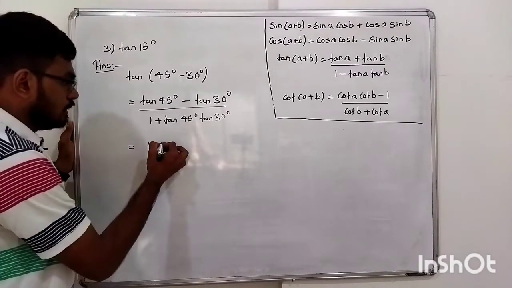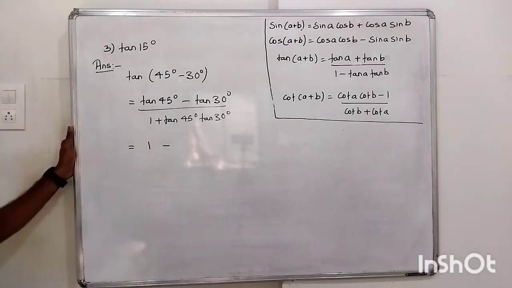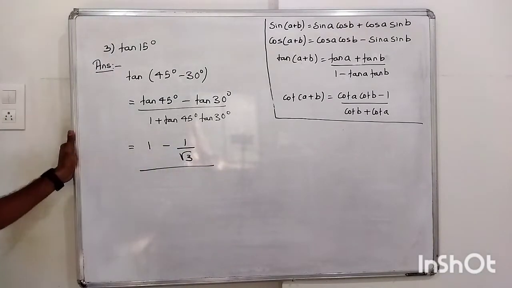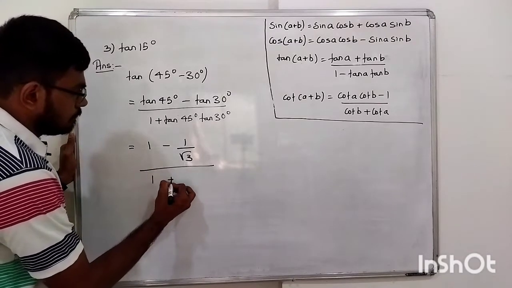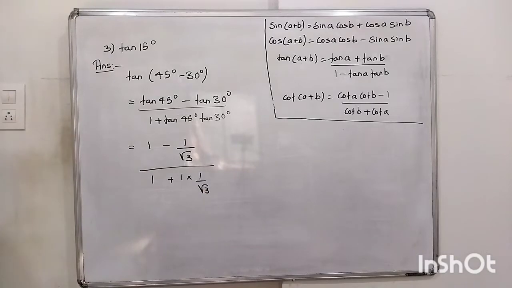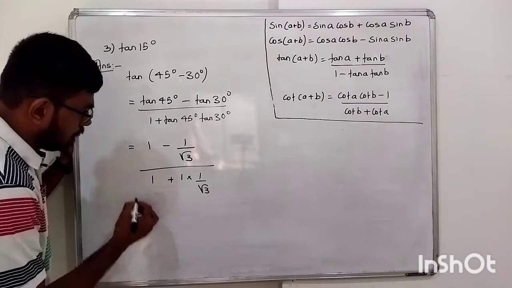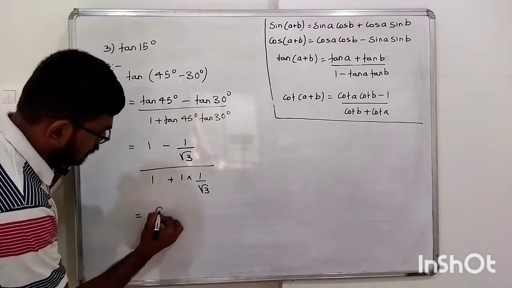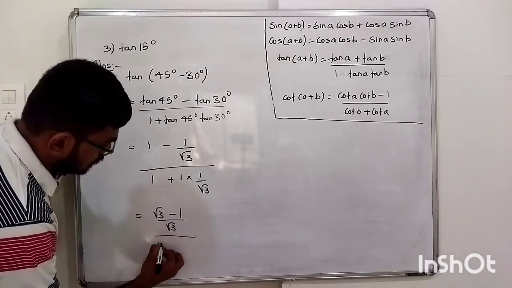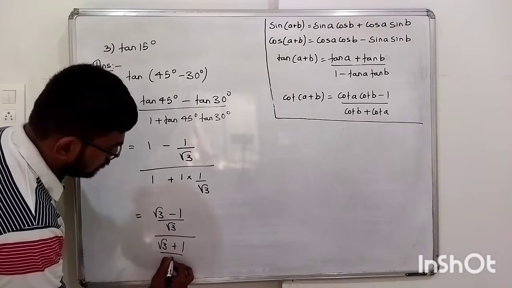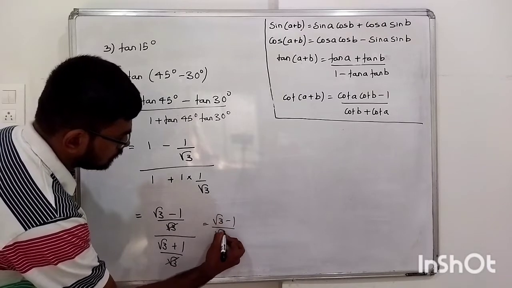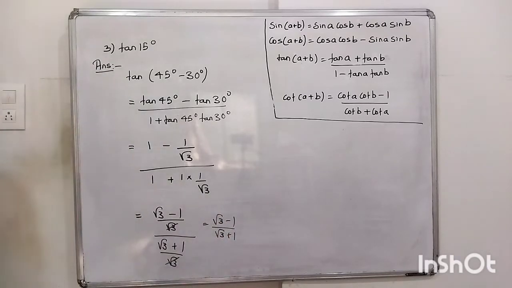Okay, minus tan 30 degree is 1 upon root 3, upon 1 plus 1 into 1 upon root 3. So next you have to just simplify this and we get the answer. So root 3 into 1 is root 3 minus 1 upon root 3, and the denominator root 3 into 1 is root 3 plus 1 upon root 3. So we can cancel these two. So we get root 3 minus 1 upon root 3 plus 1. So this is the answer.